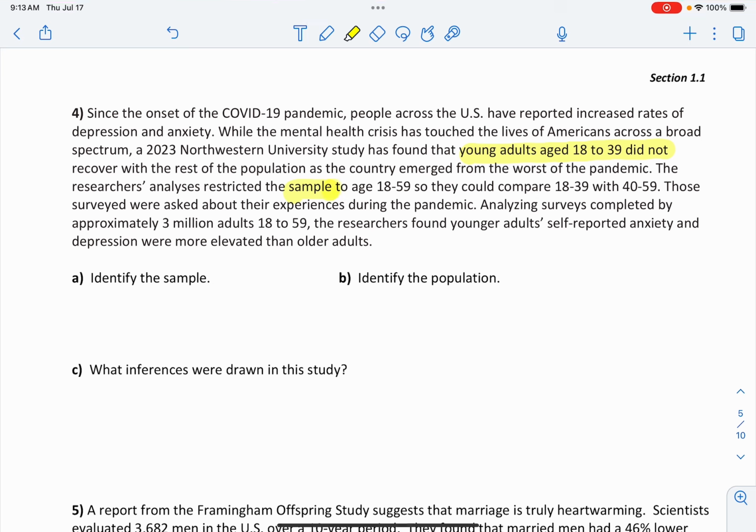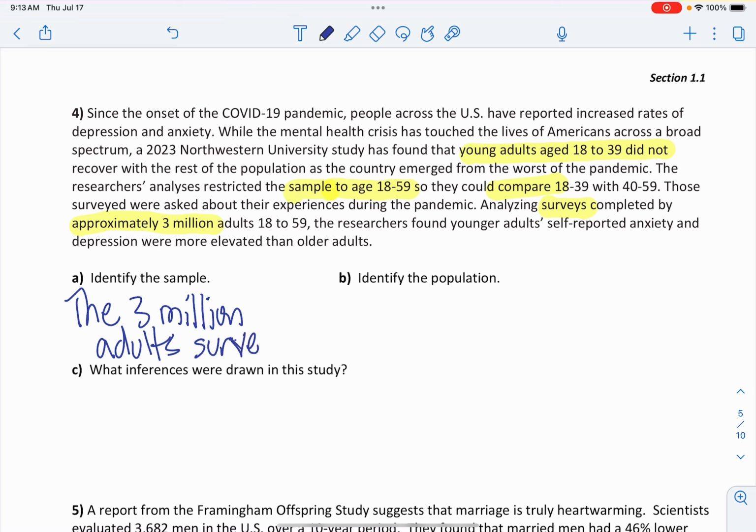And they did the sample of ages 18 to 59 so that they can do a comparison, right? Okay, and then finally, analyzing surveys, approximately 3 million, right? So identifying the sample, there it is, right? The 3 million surveyed.